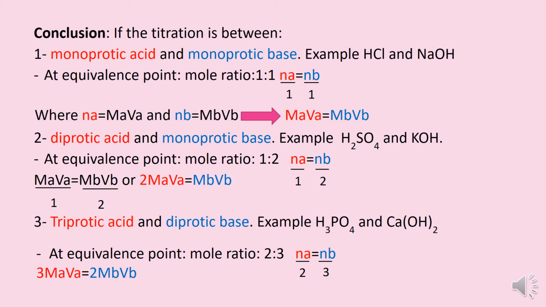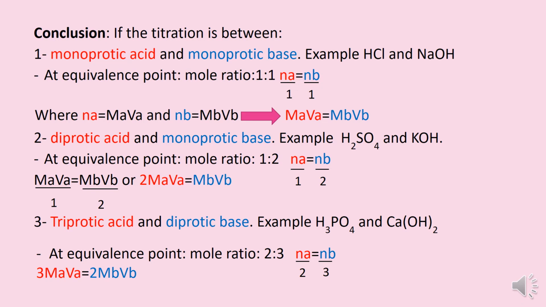So we say here the number of moles of the solute, which is the acid HCl, over 1 is equal to the number of moles of the solute NaOH, which is the base, over 1.